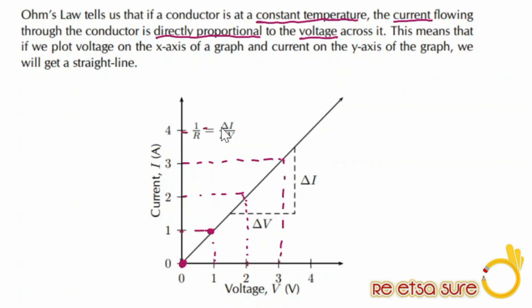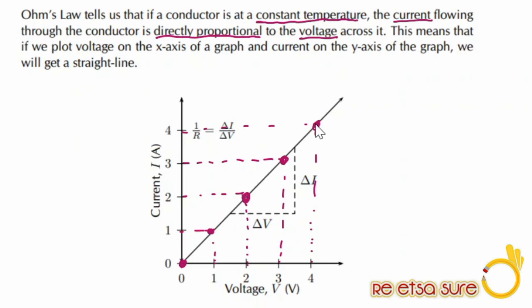My current is 4 and my voltage here is 4. So that tells us there is a relationship between current and voltage, which is that they are directly proportional. When the current increases, the voltage will also increase.